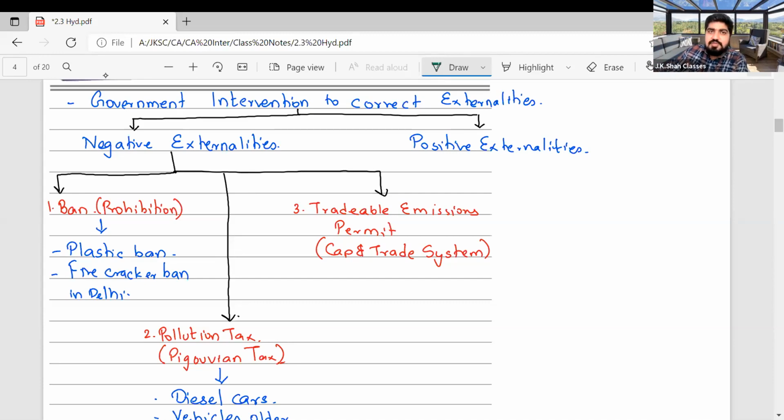Understood, friends? So this kind of mechanism is introduced, which we call tradable emissions permit, or we also call it the cap and trade system. I hope you are very clear in this. We can write down the example of steel manufacturing firms here.